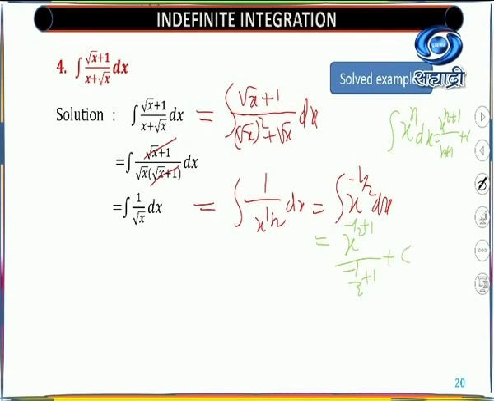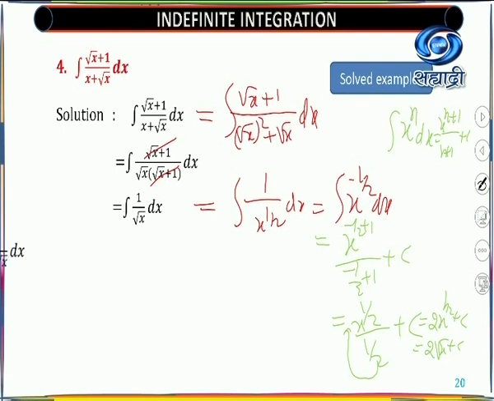So minus half plus 1 is plus half, x raised to half divided by half plus constant of integration. This denominator goes to numerator. So you will get this as 2 into x raised to half plus constant of integration, or 2 root x plus constant of integration. This is one method.